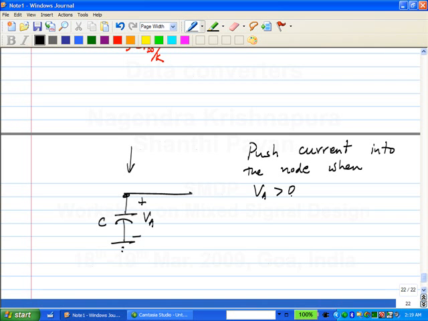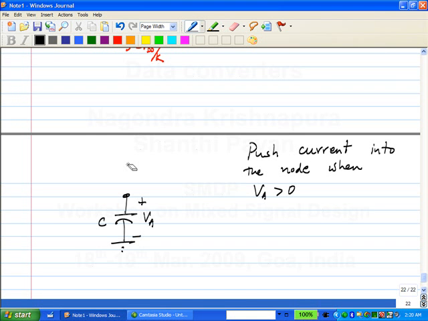Because you're pushing current into the node. In other words, there's more charge on the capacitor, the voltage keeps increasing. Eventually what will happen? Ideally it will go to infinity, but in practice it will saturate at the supply, at VDD.